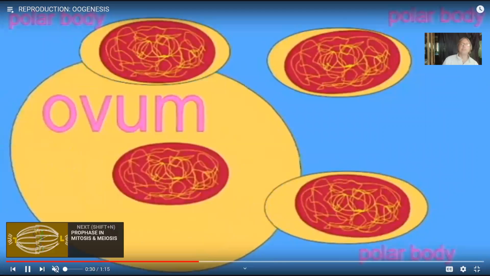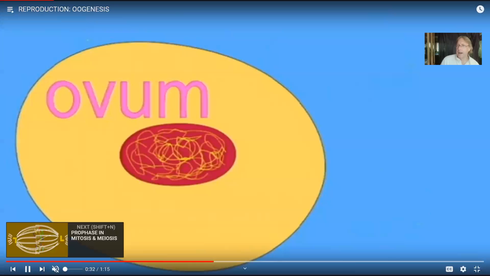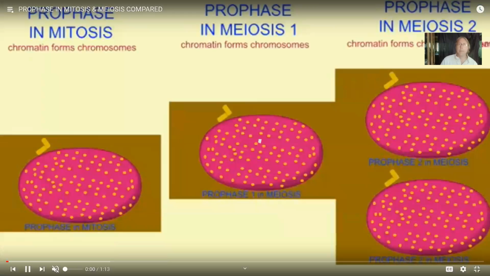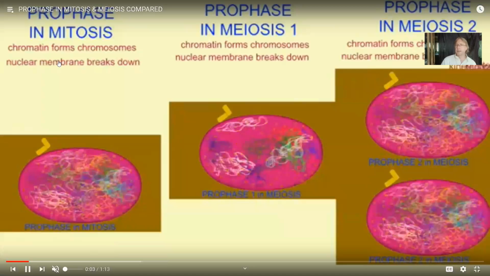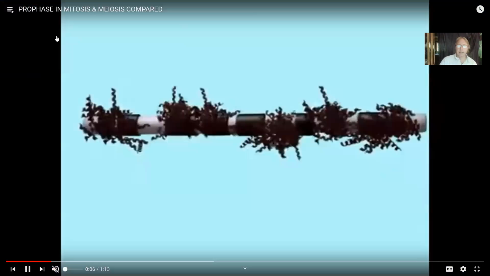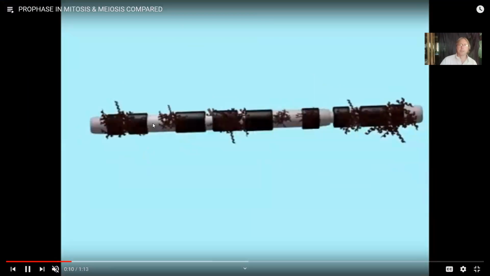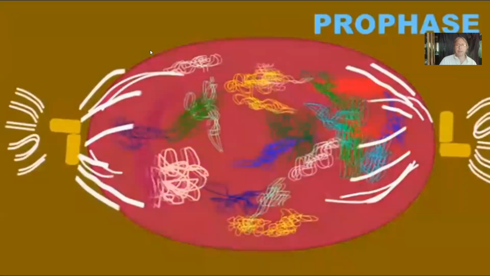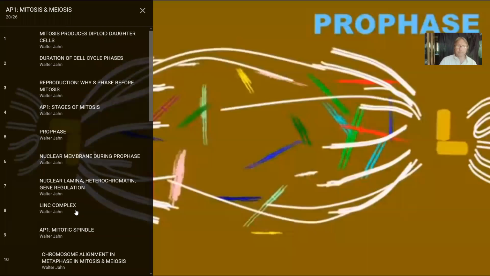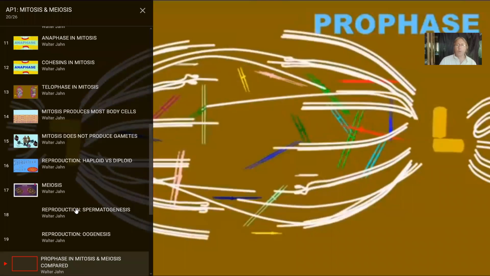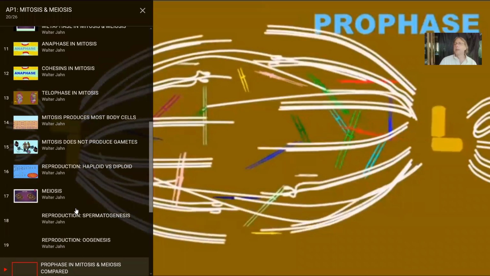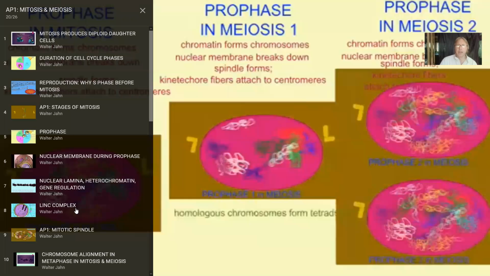And if you really wanted to, and this would be a bit more appropriate in, say, a genetics or a general bio 1 class, you could then compare prophase in mitosis, prophase in meiosis 1, prophase in meiosis 2, since there's 2 rounds of cell division. And so I have a number of videos comparing the various stages of mitosis to the comparable stages in meiosis, if you're interested.